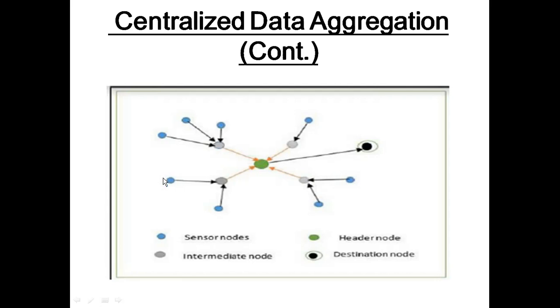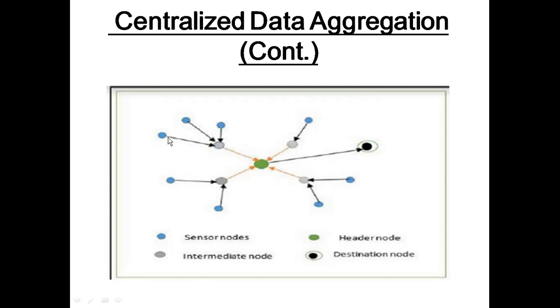The gray colored circles are the intermediary nodes. They transfer the data from the sensor nodes to the main header node. The green colored circle is the header node. The main objective is to transfer the sensed data using the intermediary nodes to the header node.